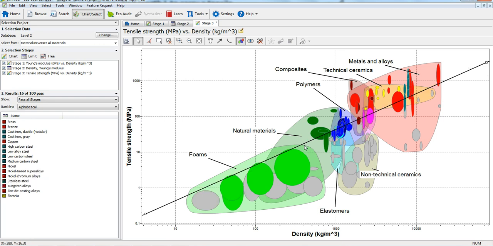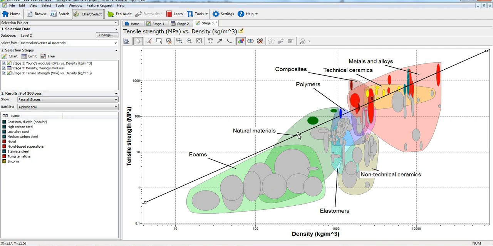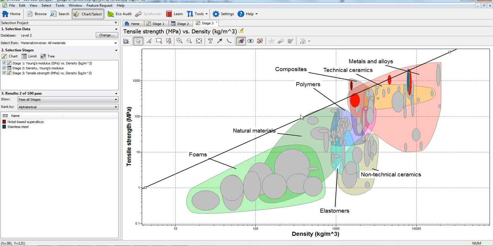And you see, by going to the left, we remove more material from the selection and less material is left in the list. If you want to maximize sigma F over rho, of course the last two groups of material that are left are metals and composites.